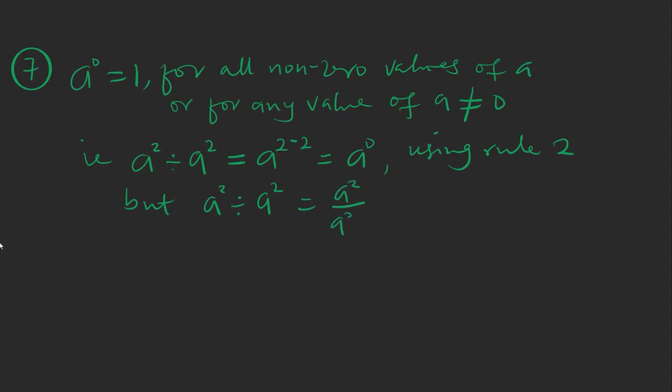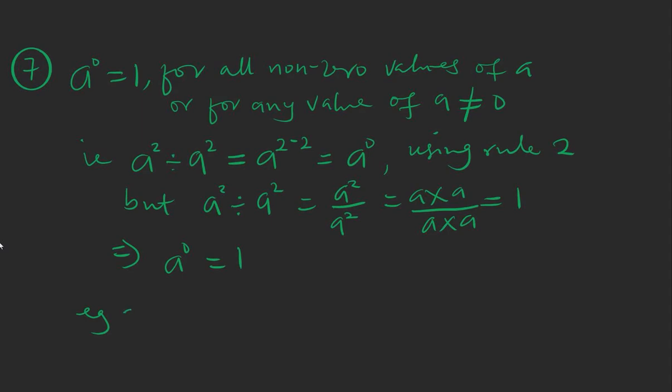And this will be a times a divided by a times a, and is equal to 1 over 1, which is equal to 1. This implies that a raised to the power 0 is equal to 1, and is the same for all numbers.